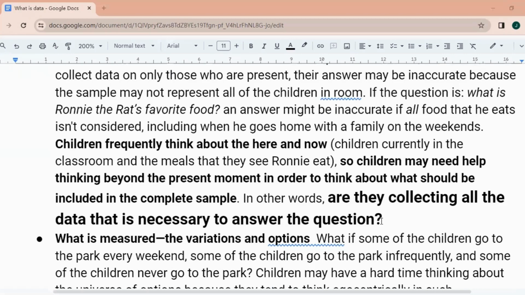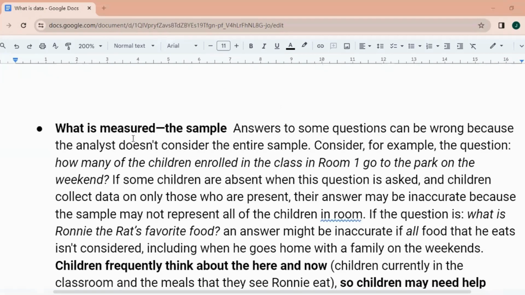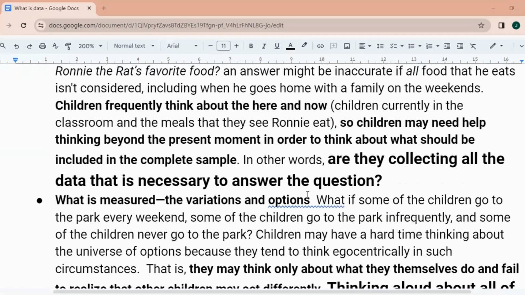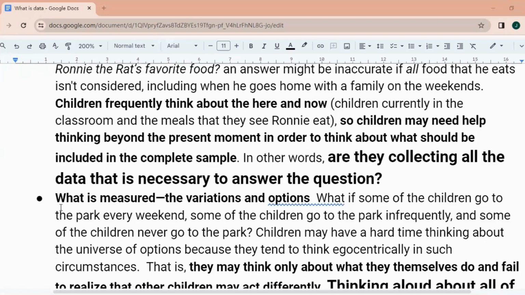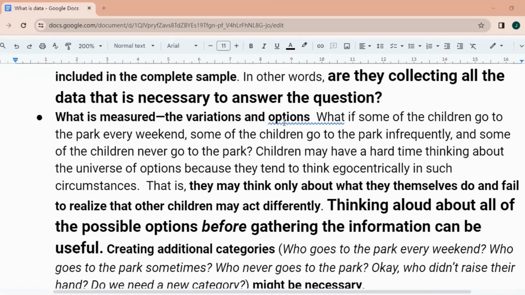The second one, what is measured should include the variation and options. Okay, so there is the other explained scenario about children going to the park. To summarize it, they may only think about what they themselves do and fail to realize that other children may act differently.